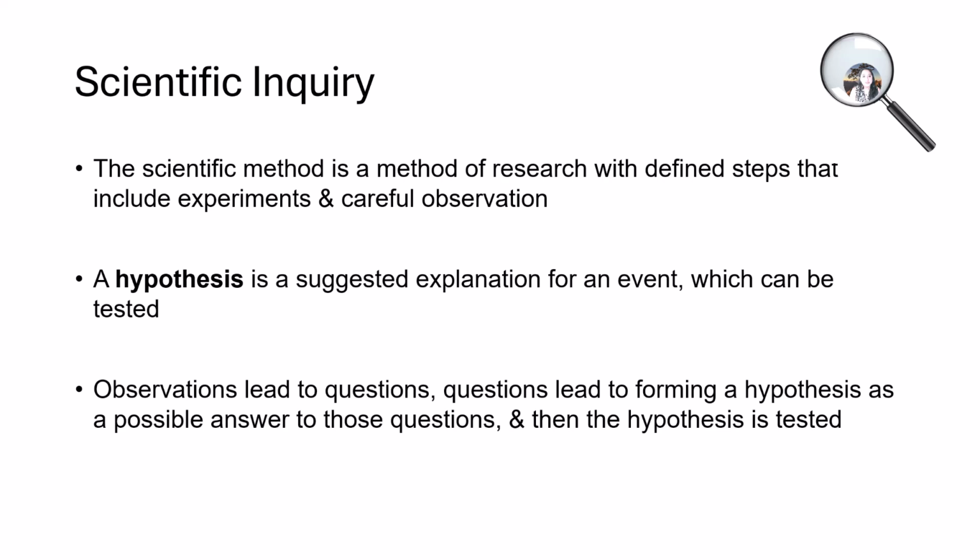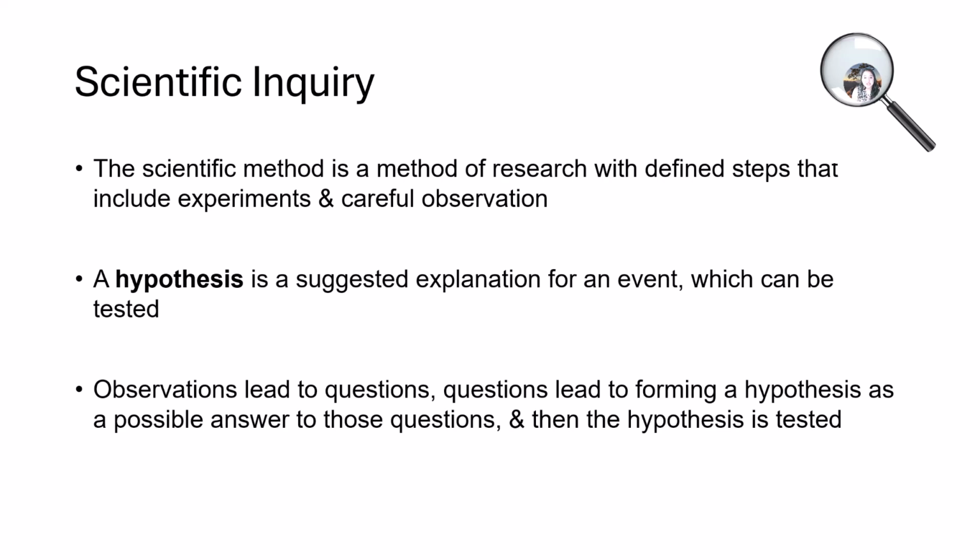So when you do an experiment, a hypothesis is something that you could create. It's a suggested explanation for an event, which can be tested. So when you make observations about something in nature, observations usually lead to questions. I wonder how this happens. Why does this happen? Why does this do this? Could this be due to this?